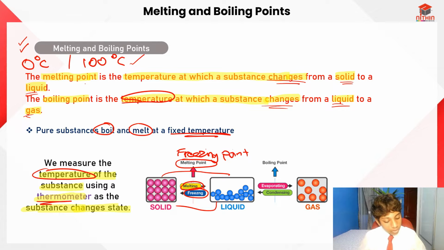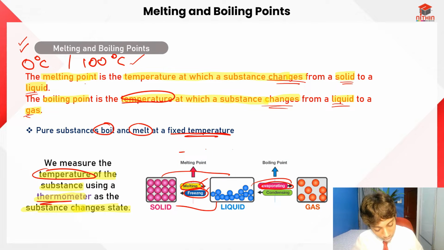Boiling point is the temperature at which a substance changes from liquid to a gas. So boiling point is basically evaporating, and melting or freezing point is melting and freezing. It's in the name itself. I hope you understood this diagram. It's just for a more visual look at it.